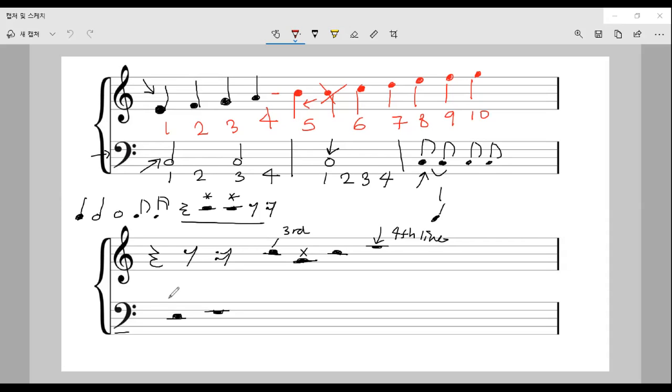Maybe not in your main textbook, maybe the workbook. Otherwise, I'm going to add some worksheets so that you can practice how to draw the rests on the staff in a proper way. Okay.